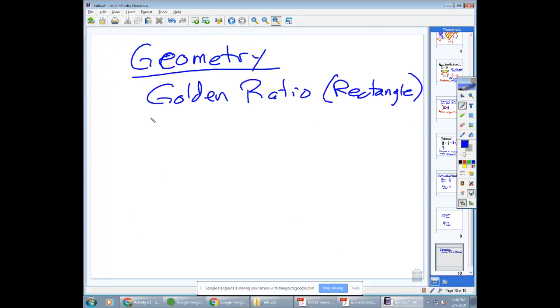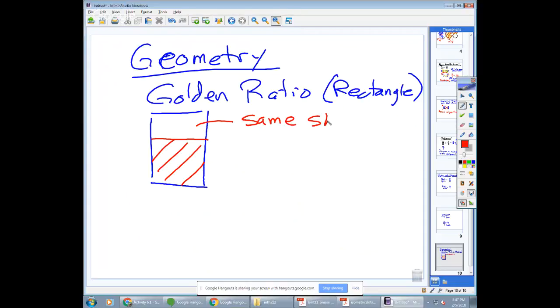A golden rectangle is one where, if you were to cut off a square, make believe that the red part's a perfect square, the remaining rectangle has the same shape as the original. If a rectangle has that property, it's a golden rectangle.